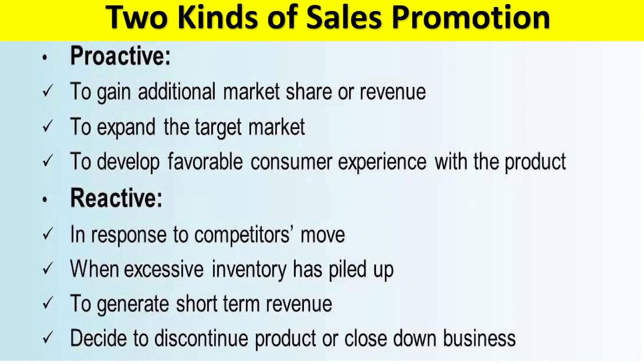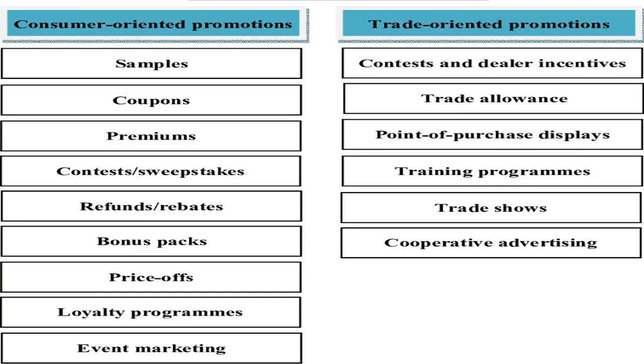Then, to generate short-term revenue, if a company wants to generate revenue in a short period of time, it uses reactive promotion. And if a company decides to discontinue or close down a business, divesting the product from its product line, it uses reactive promotion.